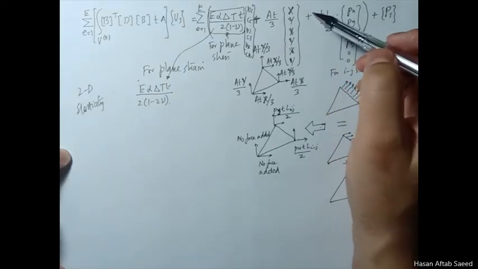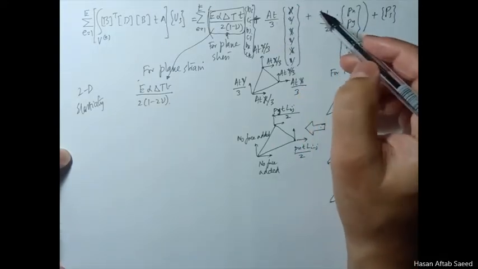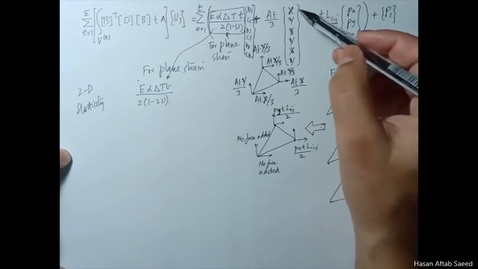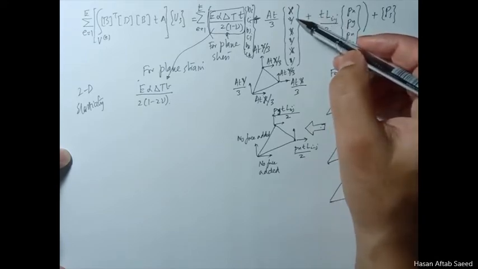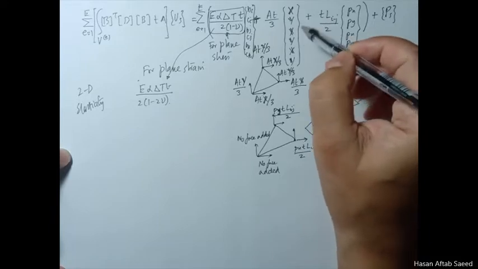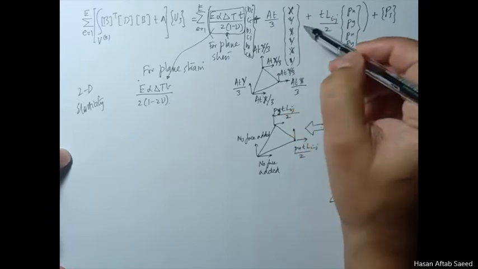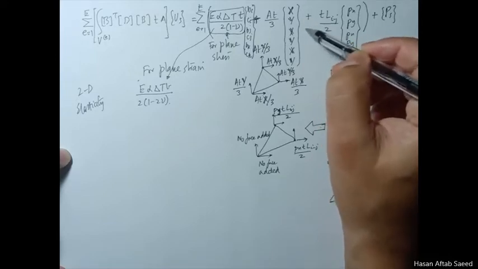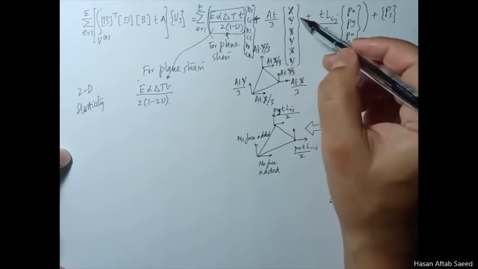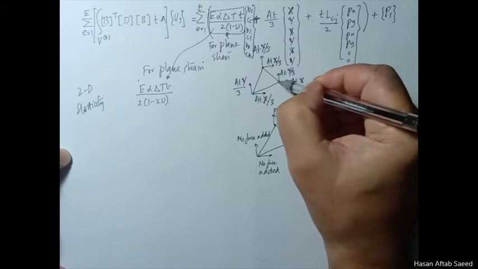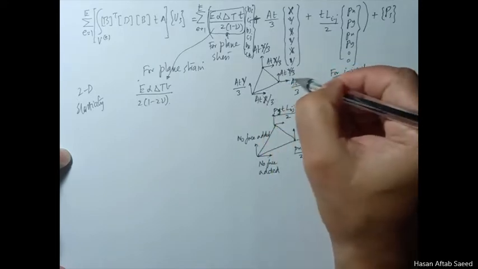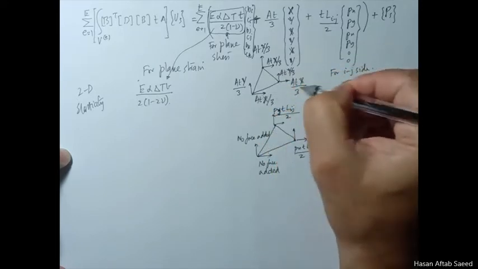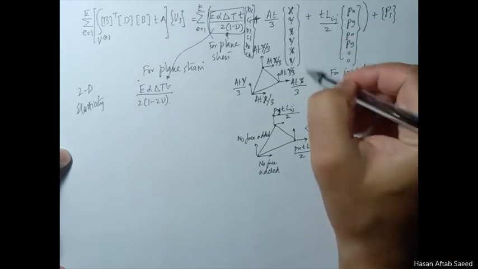For the body force vector, if a body is subjected to x and y body forces, that is, the element is subjected to force applied from somewhere here, there's an x component and a y component. Then on the three nodes, we apply the x component like this: volume multiplied by that component divided by 3.